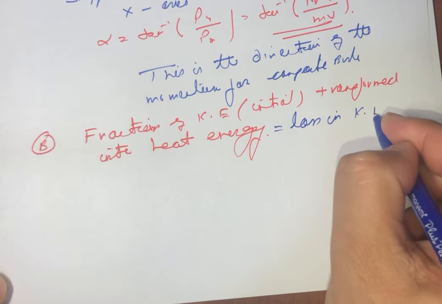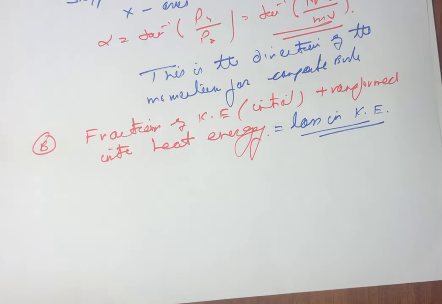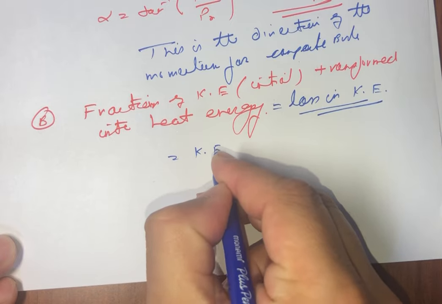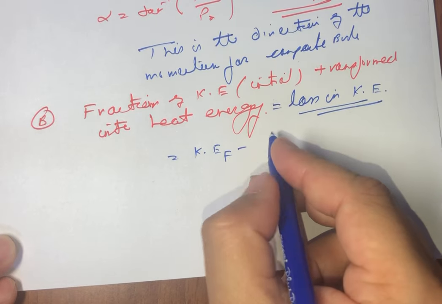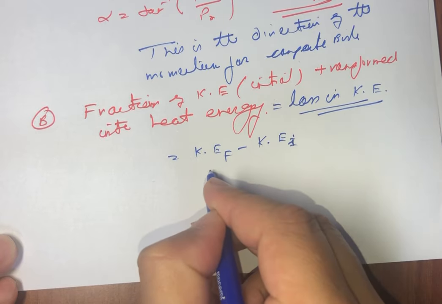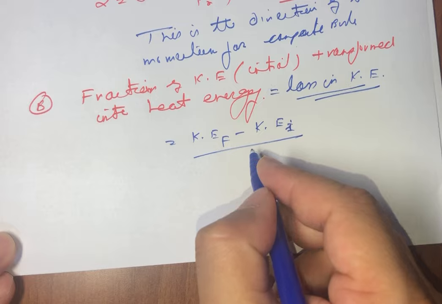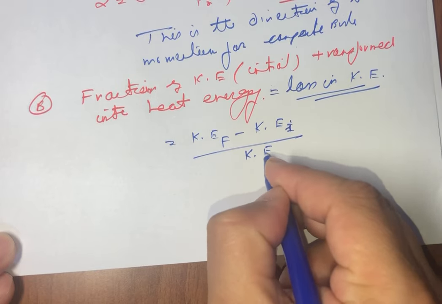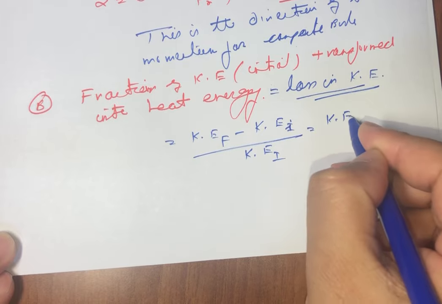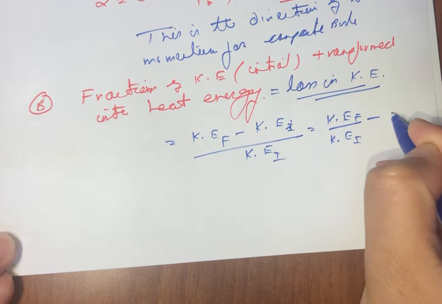Loss in kinetic energy can be written as kinetic energy final minus kinetic energy initial divided by kinetic energy initial, which can also be written as kinetic energy final divided by kinetic energy initial minus 1.